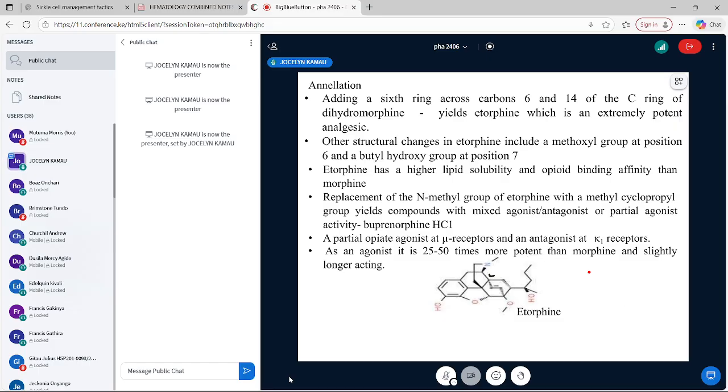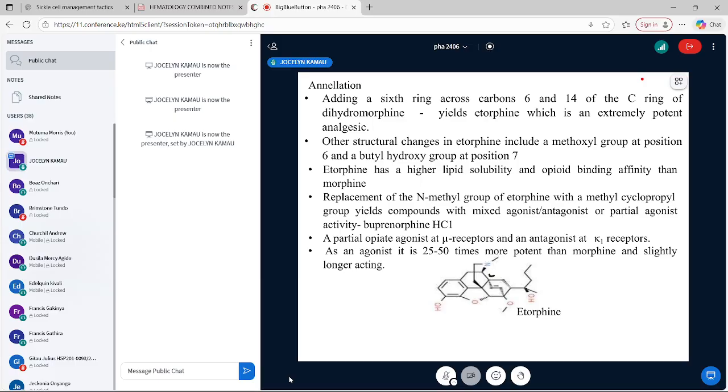So that gave us, remember we talked about, what did we call them? I'm forgetting. I remember we did mention buprenorphine, and when we look at buprenorphine, we'll also see that it's also an annulated dihydromorphine, but the group there changes.